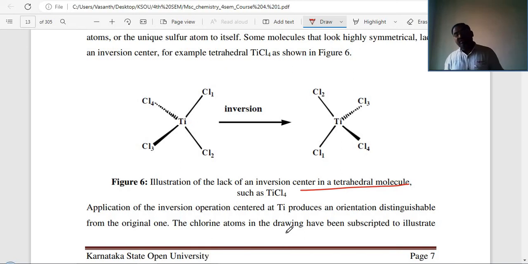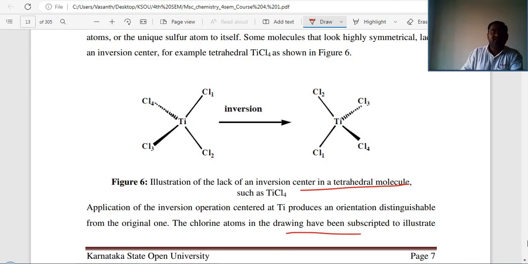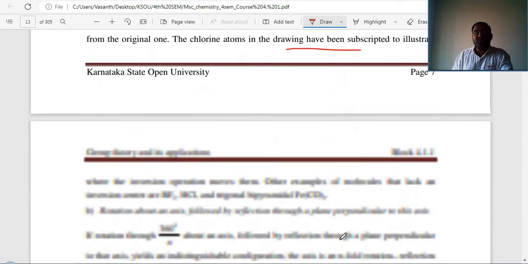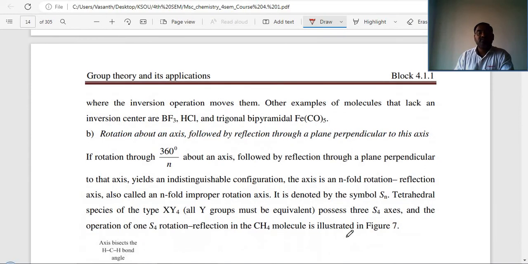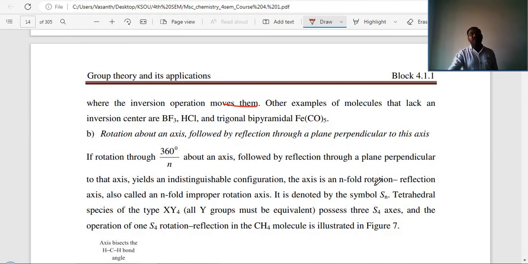The chlorine atoms in the drawing have been subscripted to illustrate where the inversion operation moves them. Consider the example of the hexagonal bipyramidal structure of this Fe(CO)5.